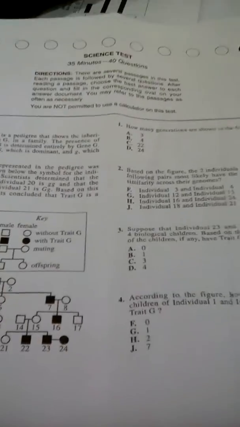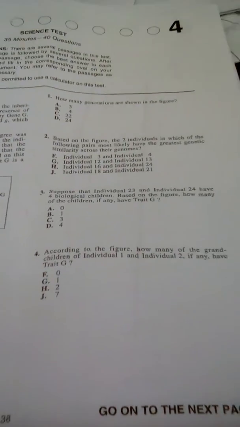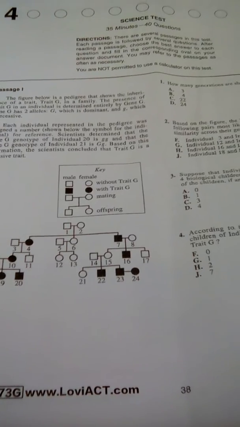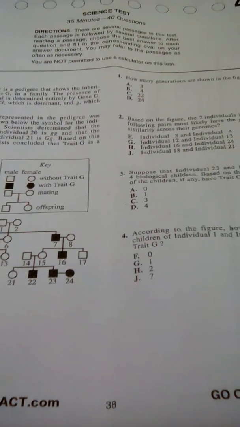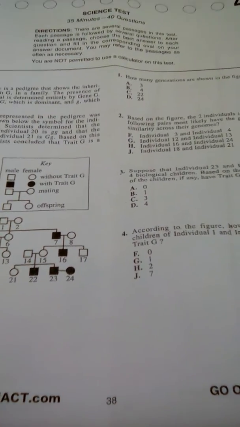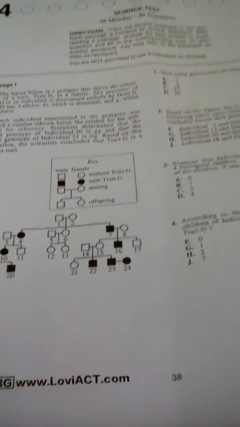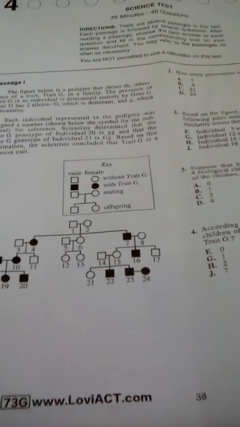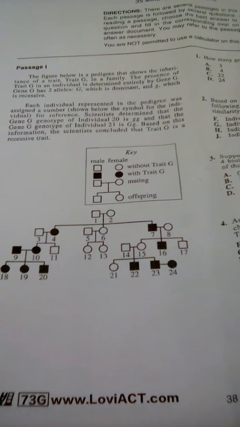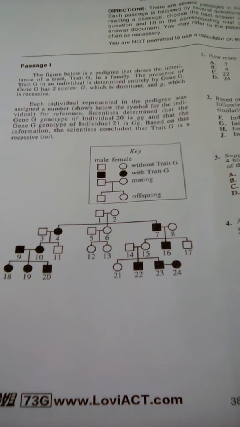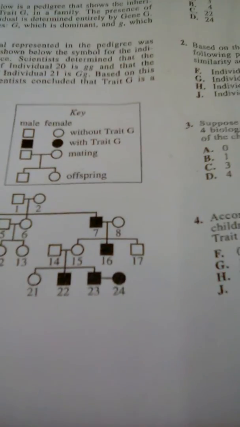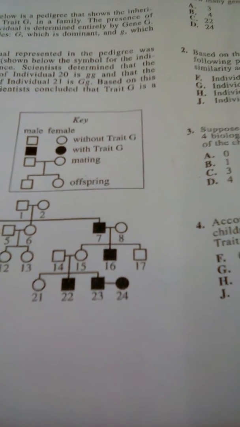We see 3 blacks, but we don't have 3 as a possible answer. We have 0, 1, 2, and 7. Why is this? Well, consider that the grandchild has to be directly related to 1 and 2. 16 is directly related to 1 and 2.